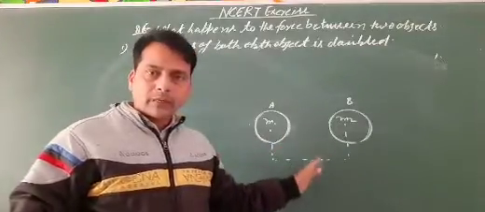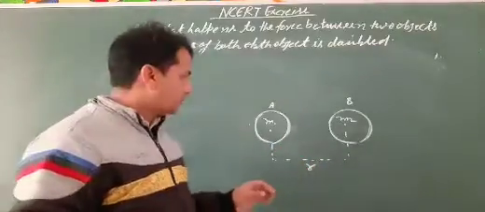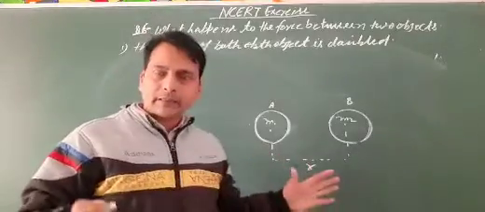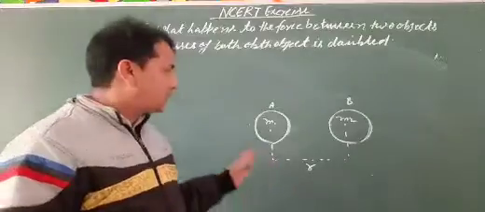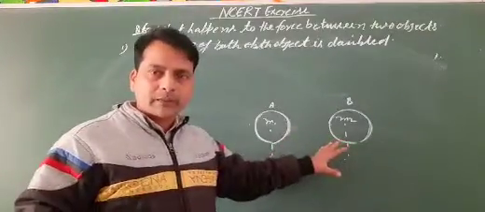According to Newton's law of gravitation, every object in the universe attracts every other object with a force, the gravitational force, and the gravitational force is directly proportional to the product of their masses.